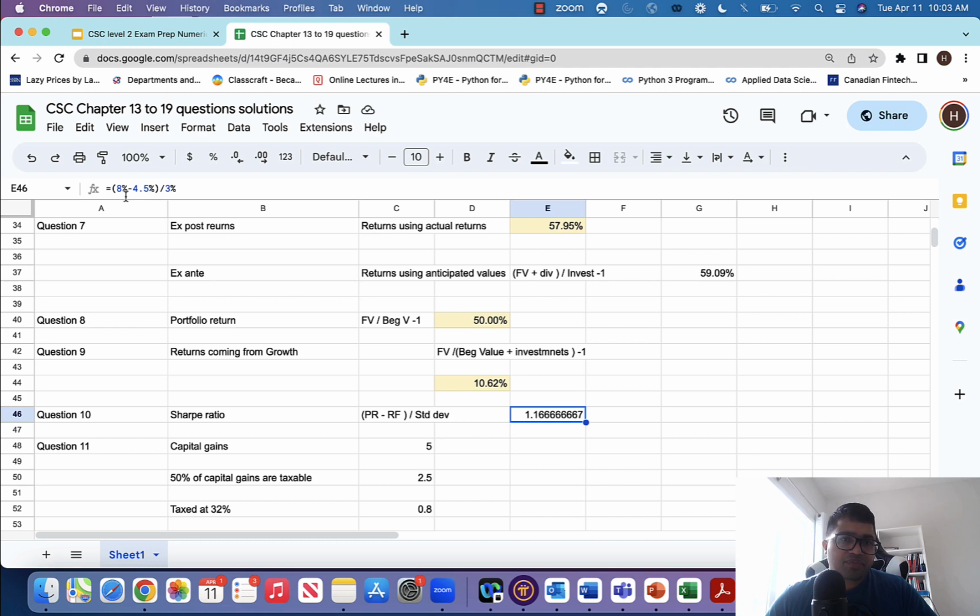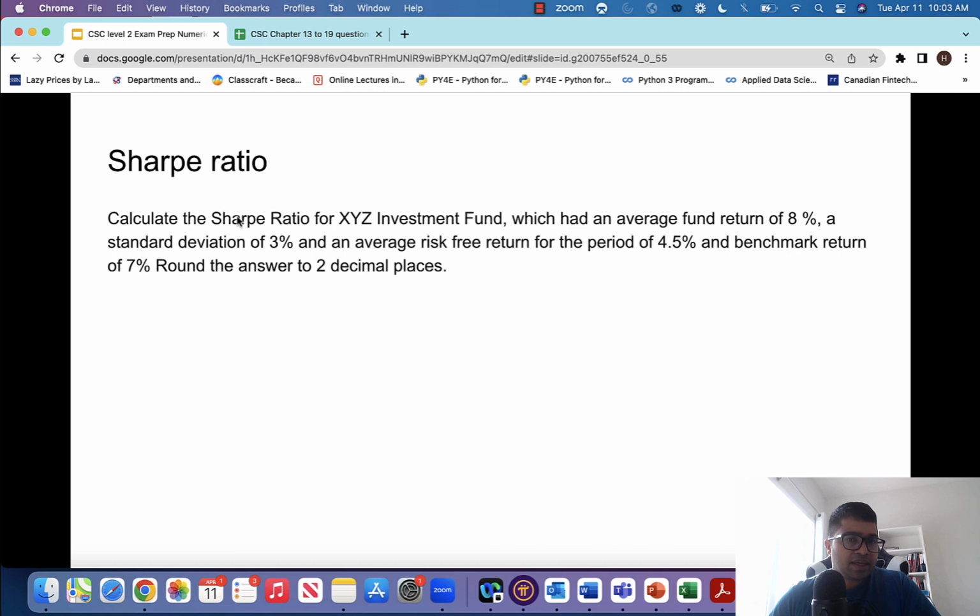So that comes to 1.166. In the exam, please be careful. Anything to do with benchmark is not to be included in the Sharpe ratio calculation. Even if they give standard deviation of benchmark or returns of benchmark, you just have to ignore it.